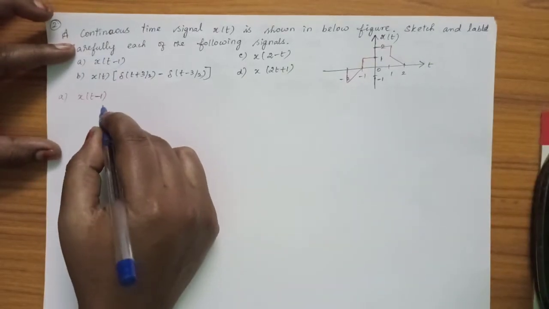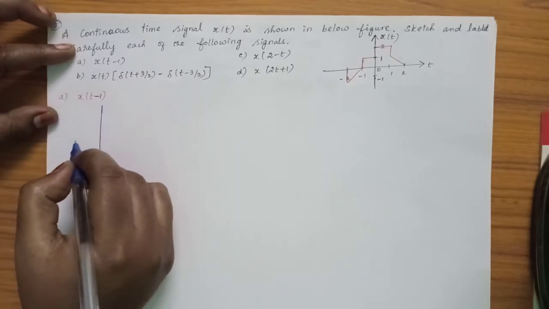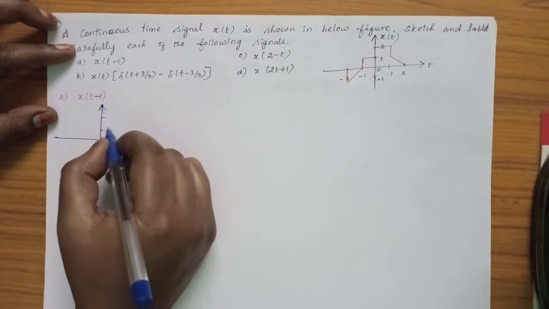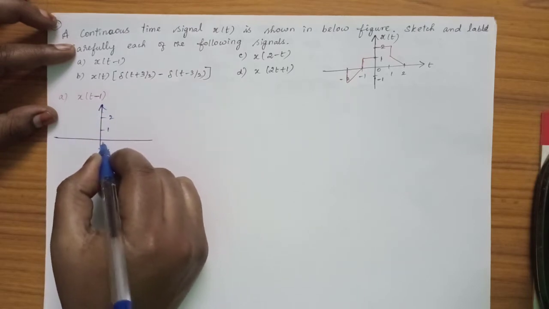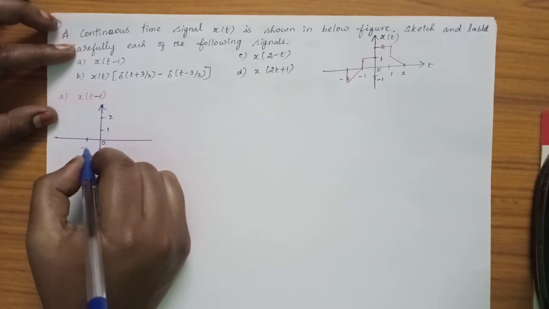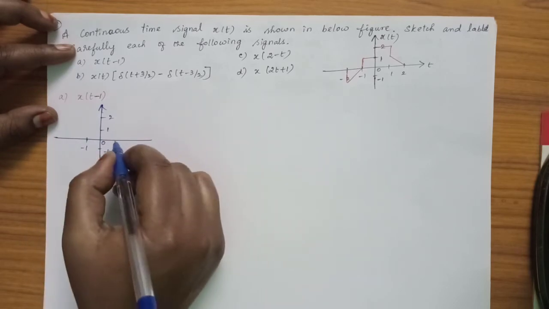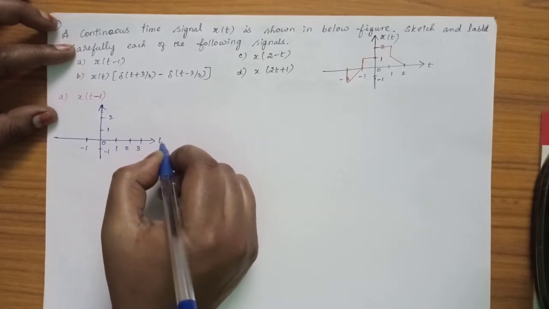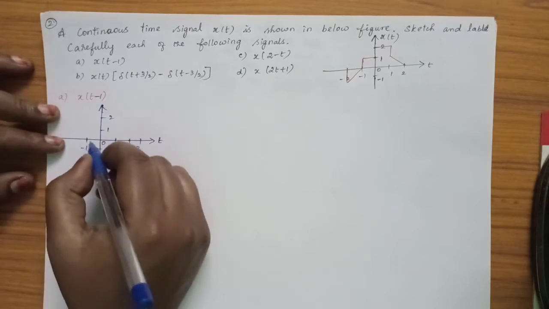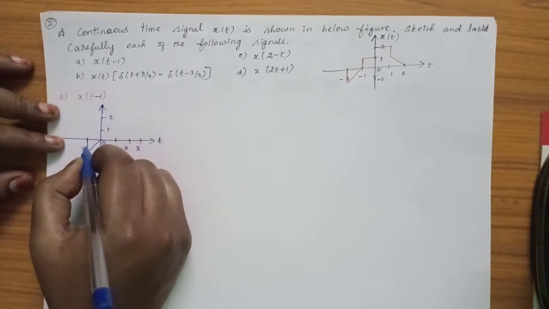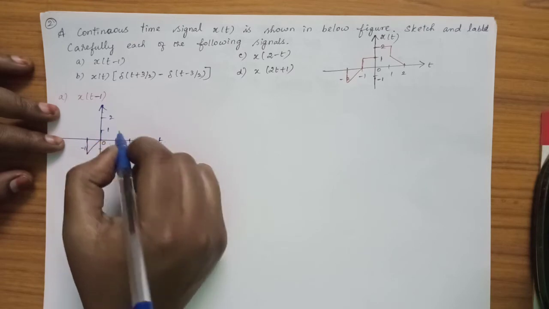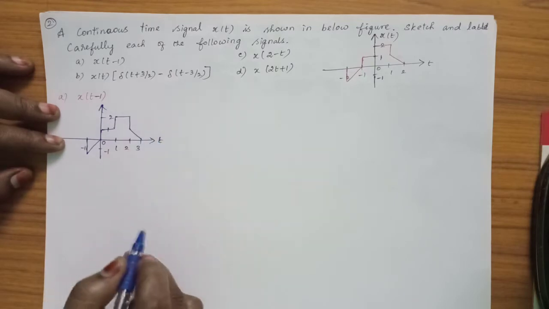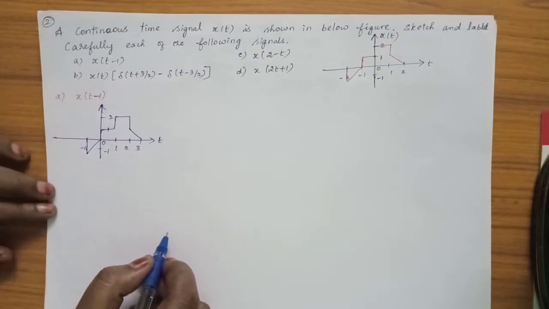The resultant signal will be like this, with the new limits minus 1 to plus 3.